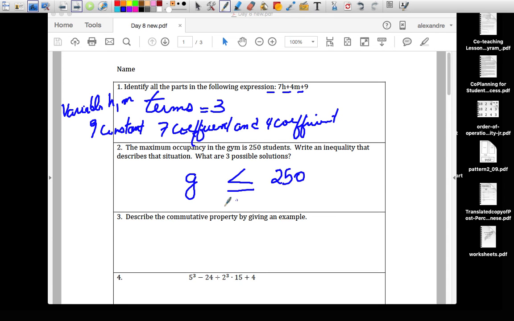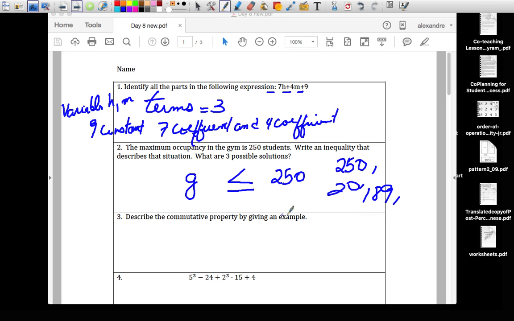Yes, it could. It says the maximum, the most the gym can have in terms of number of students is 250, and 250 and less. So what are 3 possible solutions? You can write 250, 20, 189. Those are 3 examples of possible solutions.